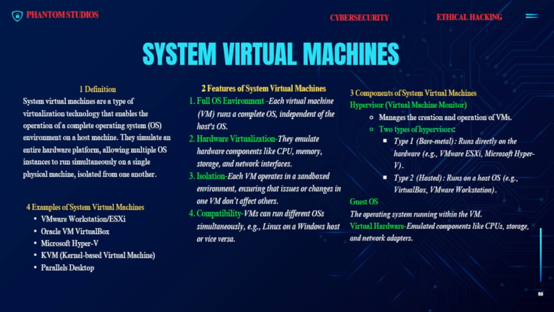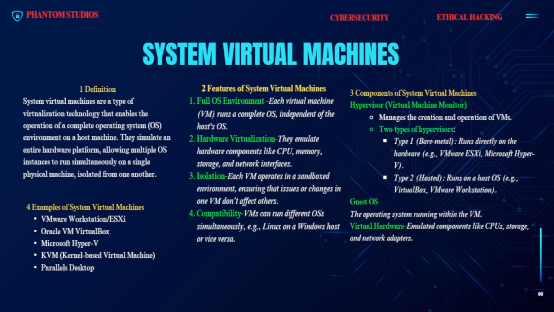And lastly is the virtual hardware. Virtual hardware functions just like your physical hardware, and in this case, the word virtual means it emulates the components of your host computer. These components include the CPU, the storage, network interface, and of course random access memory, that is the RAM.